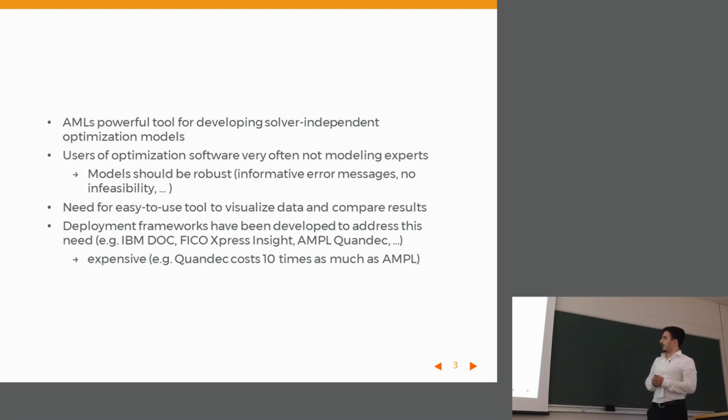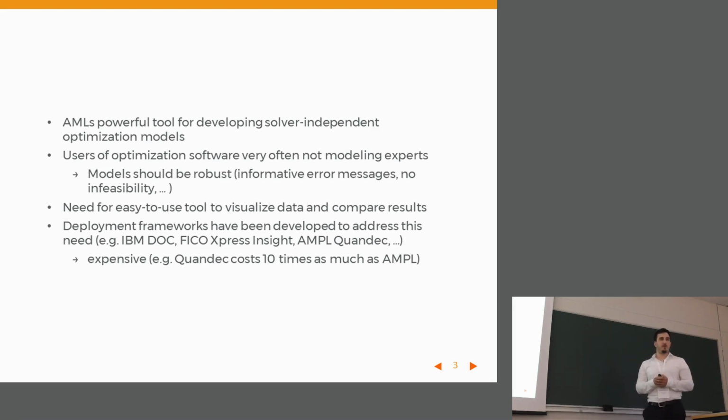So in order to do that, we have been working on some model deployment frameworks, because currently there are basically two options for fulfilling this need for the planners. You can either buy one of the existing deployment frameworks that are out there, such as IBM Decision Optimization Center.